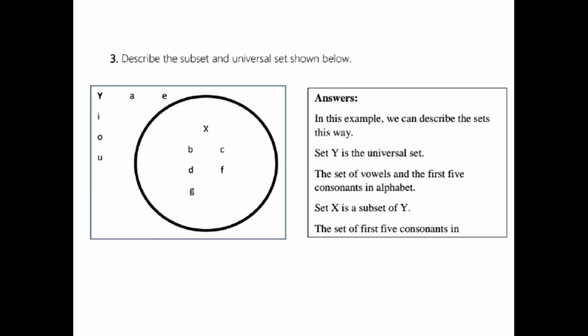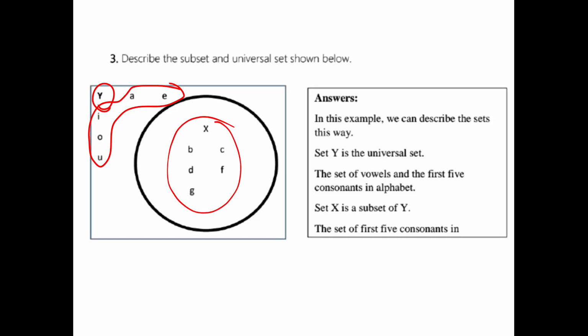So, describe the subset and the universal set. In this example, we can describe the sets this way. Set Y is the universal set. So the set of vowels, A, E, I, O, U, and the first 5 consonants in the alphabet.